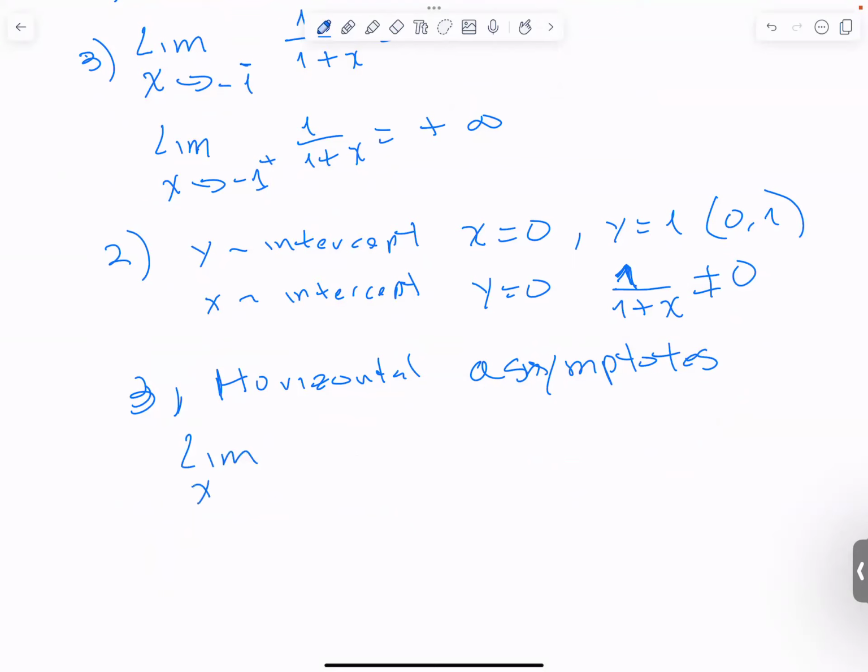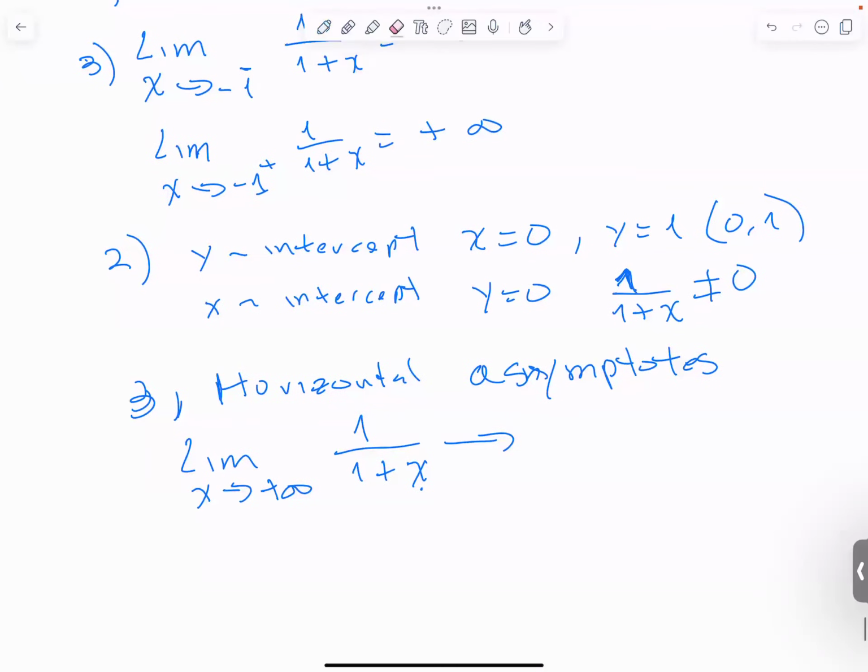The limit when x approaches positive infinity of 1 over 1 plus x. The greater the x, the greater the denominator, in a positive way. 1 over infinity is 0, but in the positive way, 0 above the x-axis, because y is going to be positive.